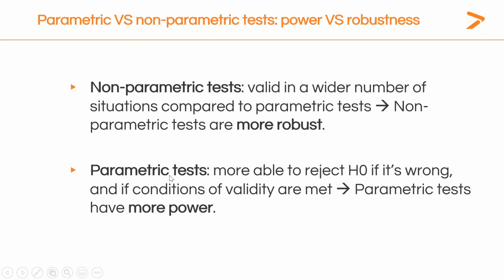On the other hand, parametric tests are more able to reject H0 if it's wrong, and if, of course, conditions of validity are met. So we say that parametric tests have more power. They would lead more often to a rejection of H0 compared to their non-parametric equivalents.